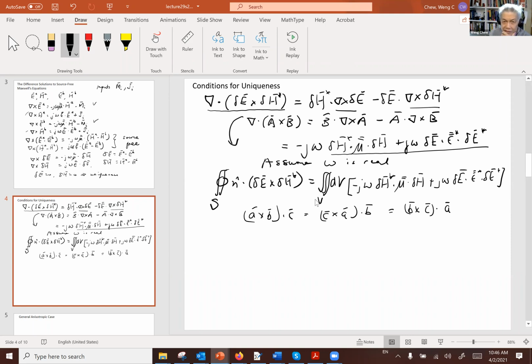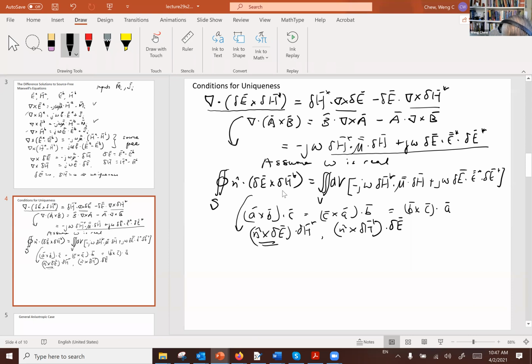And you can see that this is of the form, the cross product of two things and then dotted with something else. So if you cycle this thing around, you can write this as n cross delta E dot delta H star. You can also cycle around so that this can be written as something like n cross delta H star dot delta E.